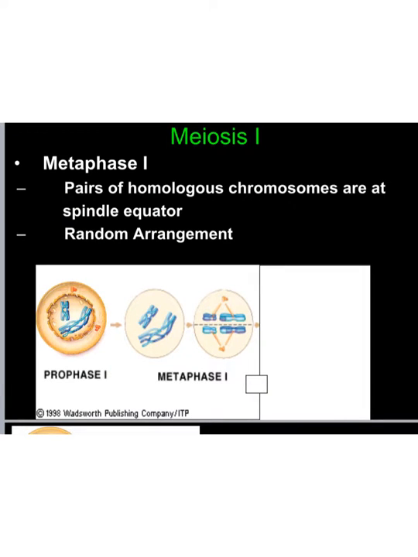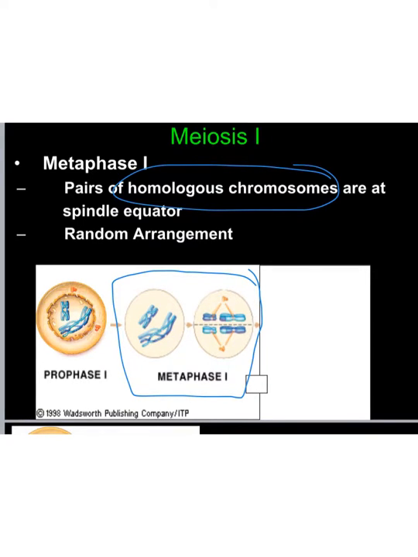All right, so once we get to metaphase 1 of meiosis 1, it's going to look a lot like metaphase of mitosis, except we now have these homologous pairs lined up along the equator. So we still have our spindle apparatus formed here with our centrioles at the poles. We get our chromosomes lining up along the equator.